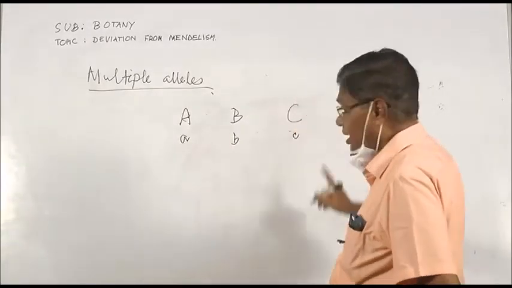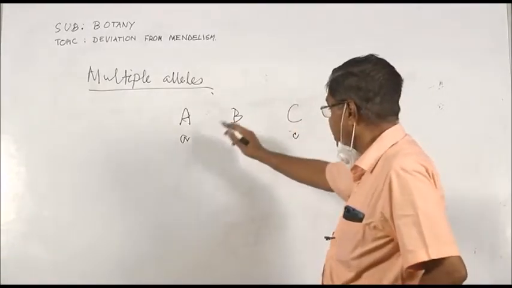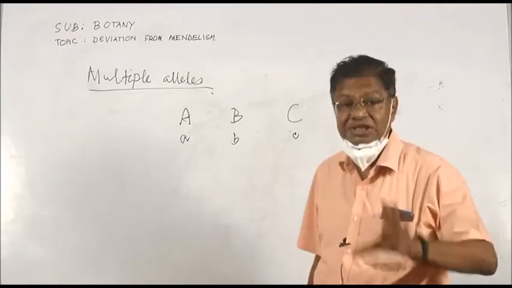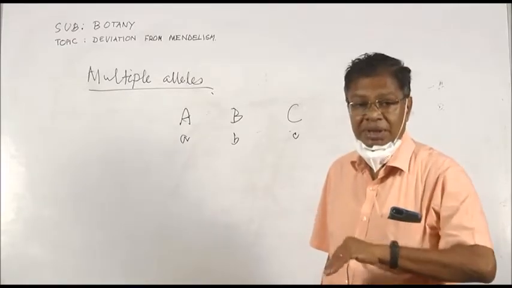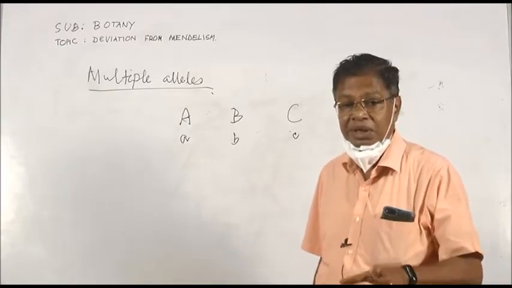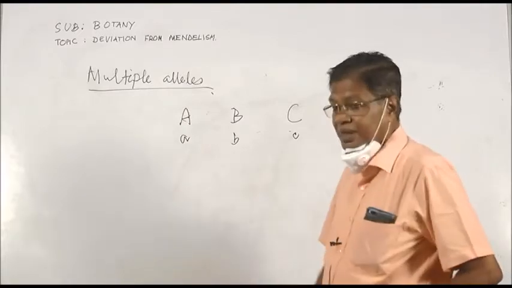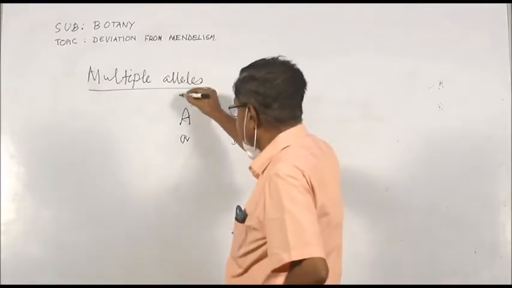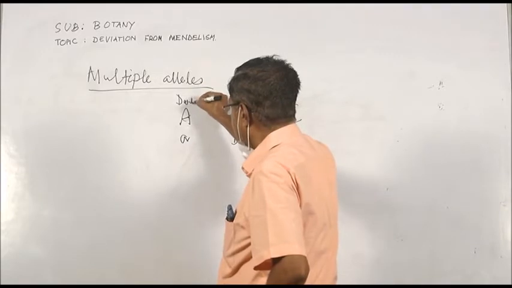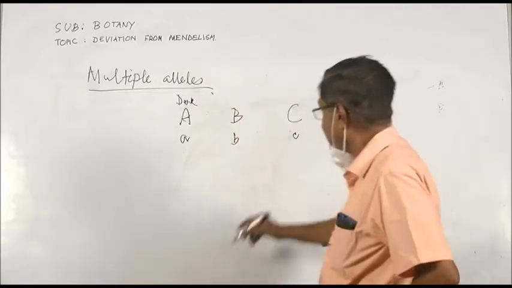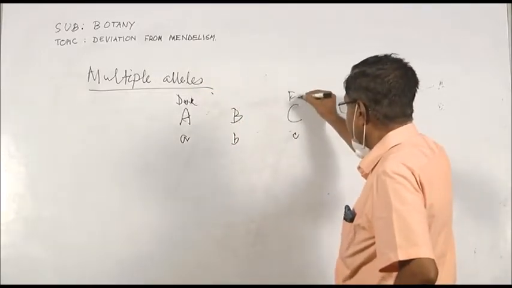So, how many are there? 3 alleles. It is for simplification. There may be more, but we are taking an example of 3 alleles. Now, this is the dark color or black, and this is fair.